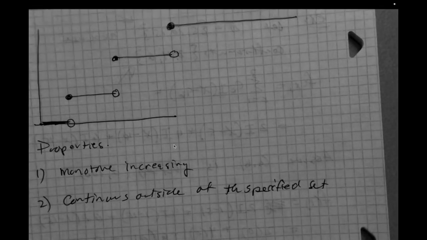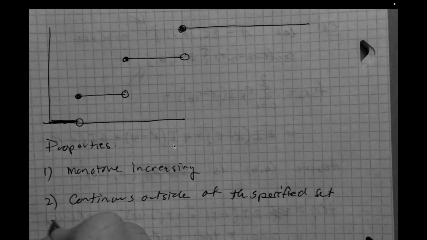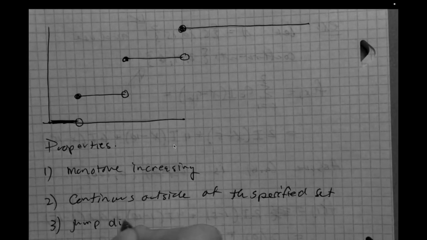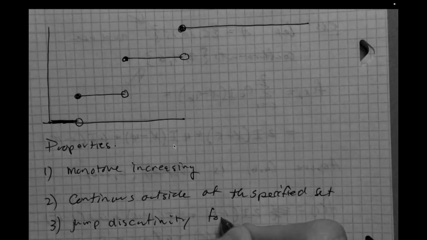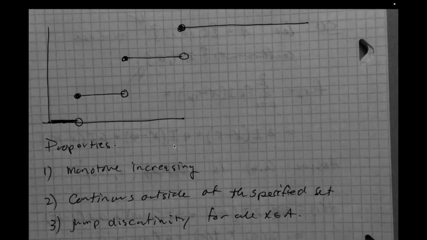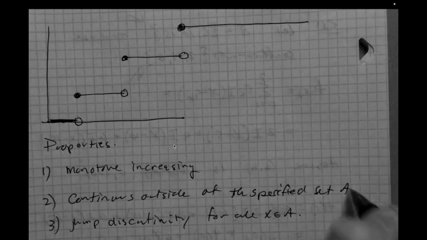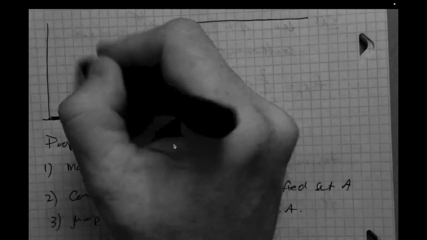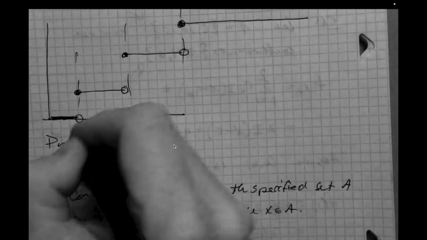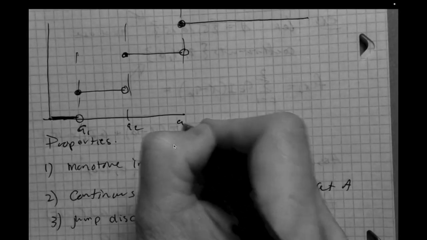Okay. And it's got a jump discontinuity everywhere in A. All right, so there's a jump discontinuity here, here, and here. So this would be like your A1, A2, A3.